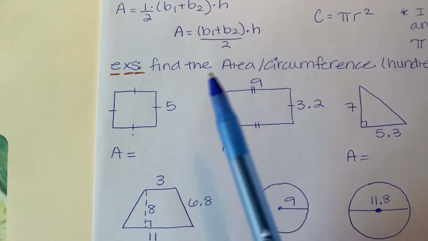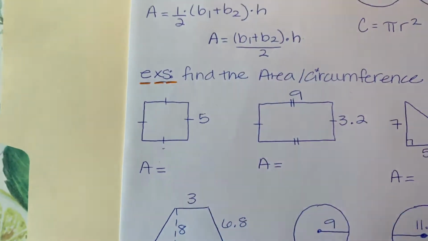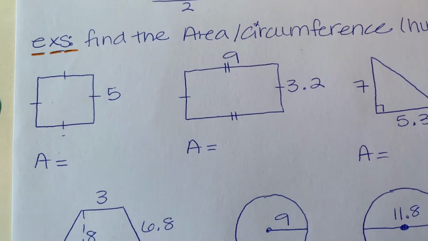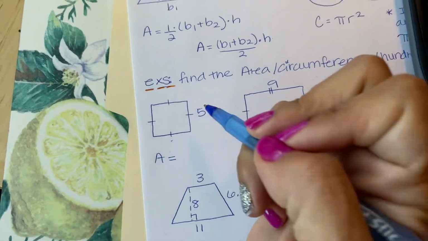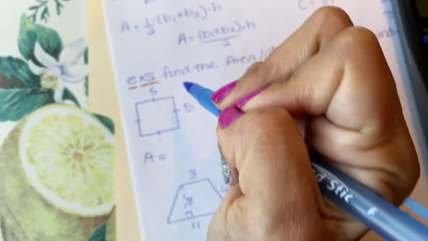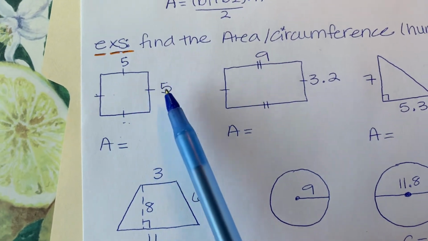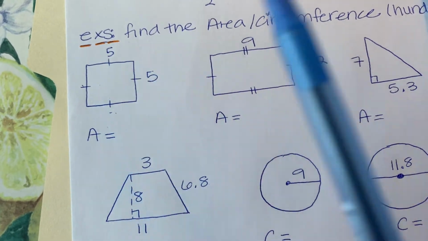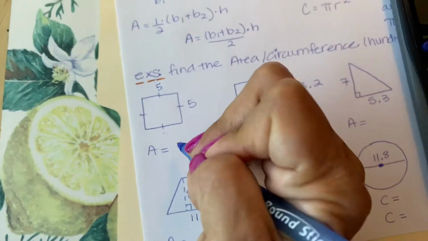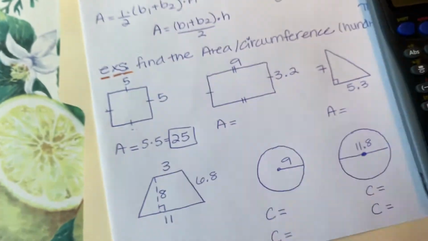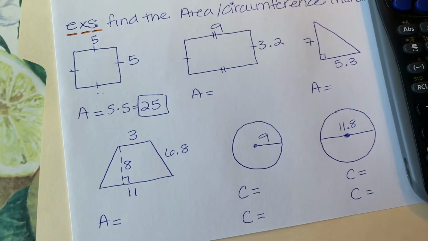Okay, so this is a square, right? A square is just length times width. Obviously a square has 4 equal sides, so this is 5, 5, 5, right? But we just want length times width, or base times height, or side times side. Either way, it's 5 times 5, which I know you're so quick. It's just 25. Okay. Is that fine?